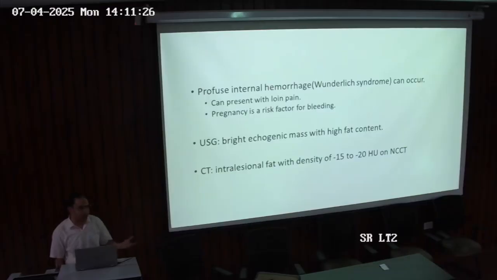Other renal tumors are enhancing tumors, so they are at least more than 15 Hounsfield units. We first do a non-contrast CT and check the Hounsfield unit, then after contrast enhancement, see how much the tumor enhances. If there is more than 15 or 20 Hounsfield enhancement, that is highly suggestive of renal malignancy unless proven otherwise by biopsy.